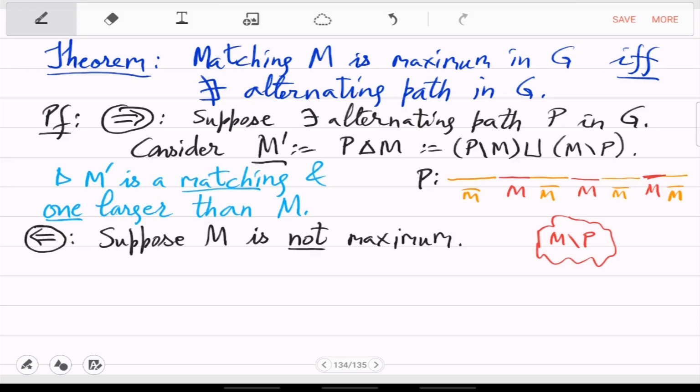So let us assume that M prime is some matching that is maximum in the graph.